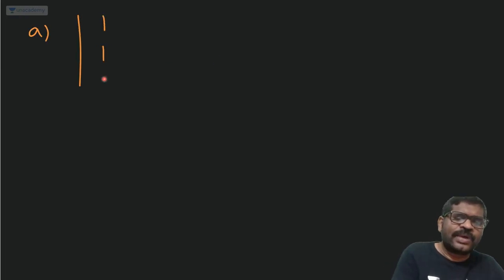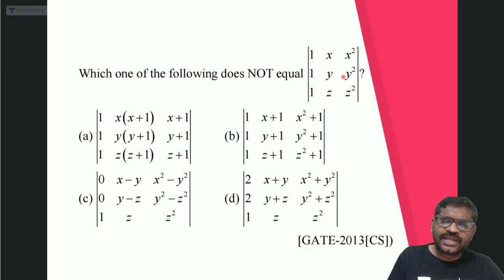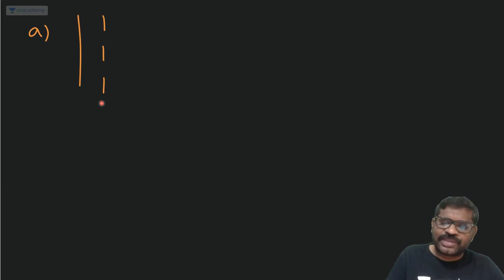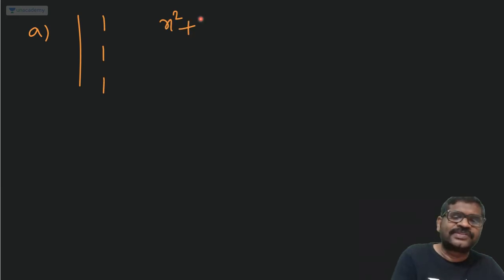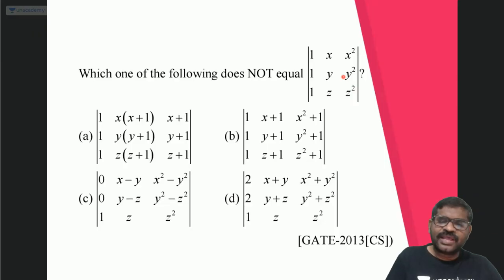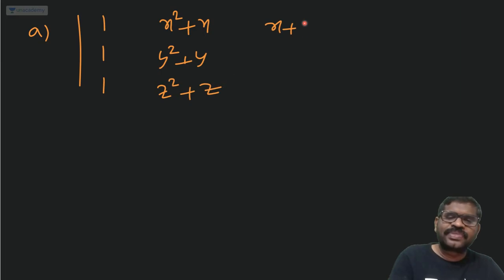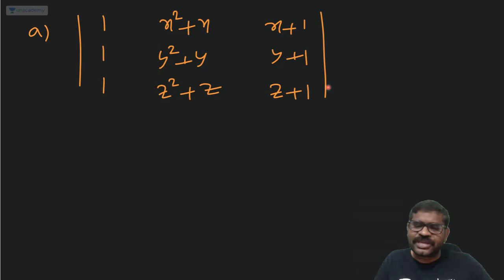1, 1, 1; x into (x plus 1) means x square plus x, y square plus y, z square plus z; x plus 1, y plus 1, z plus 1. Observe here.